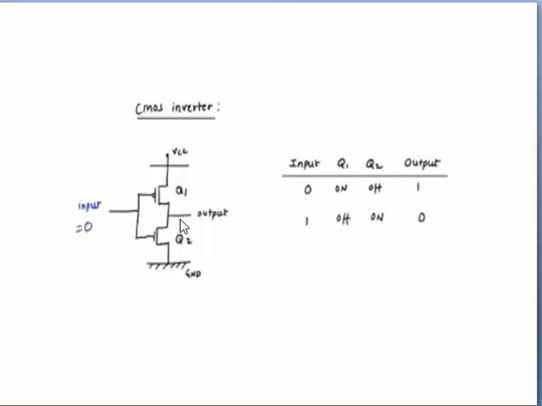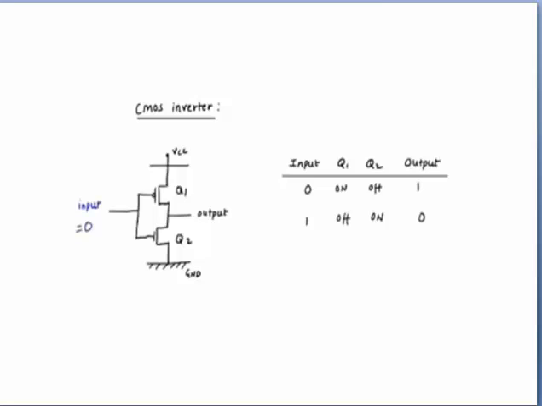We get the output as 0 because the upper side transistor behaves as an open switch, and the lower side behaves like a closed switch, so output is 0. So this is all about the working of CMOS inverter.